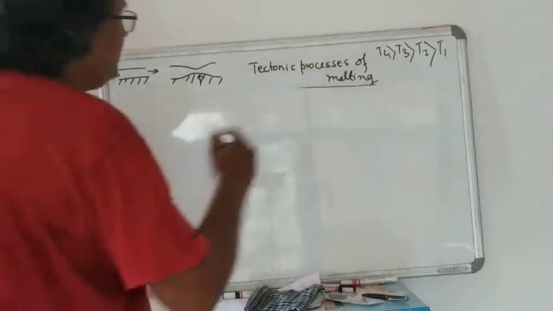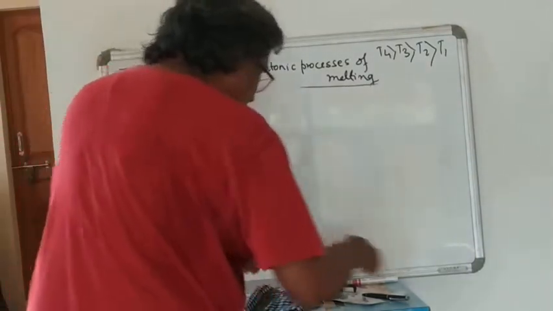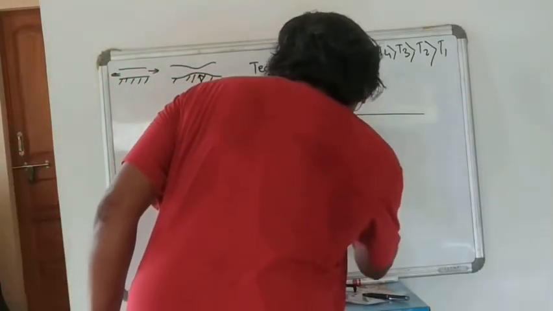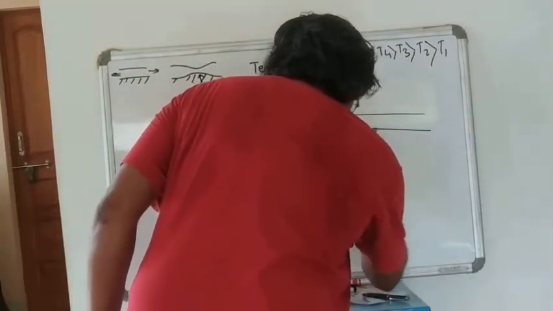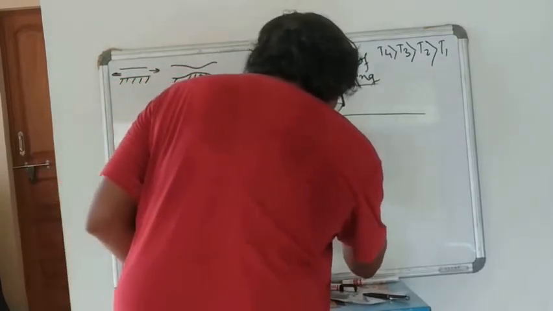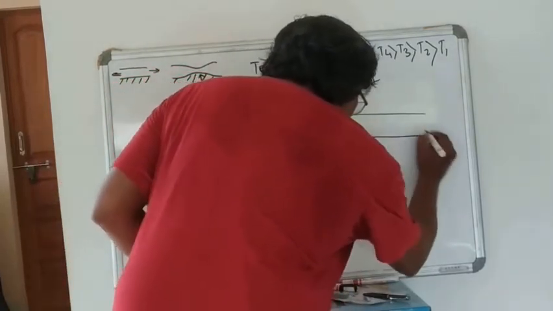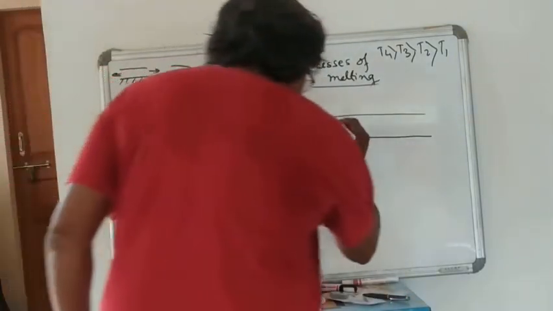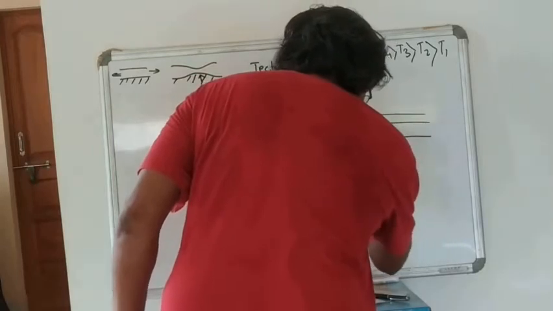Let's say there is a crust, and you can understand the isotherms. I'm drawing a few lines just for reference.